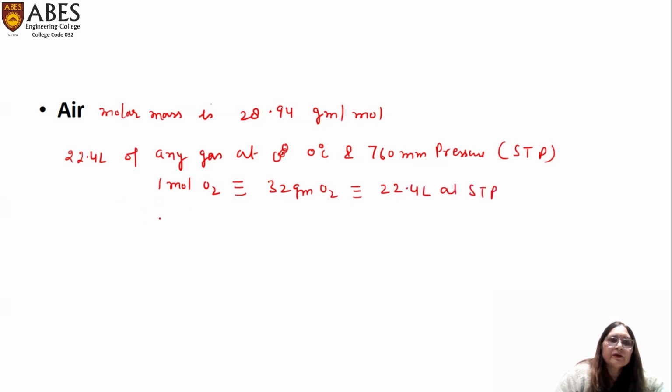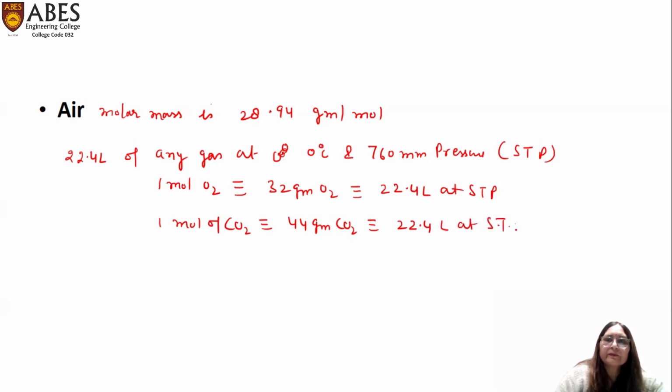Similarly, 1 mole of CO2, which is equal to 44 gram of CO2, which is equal to 22.4 liter at STP.